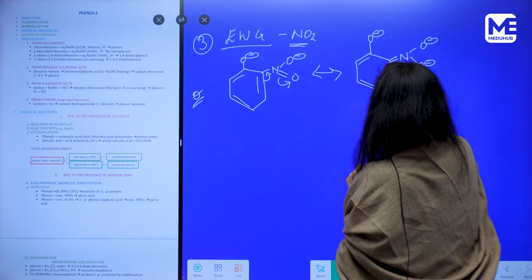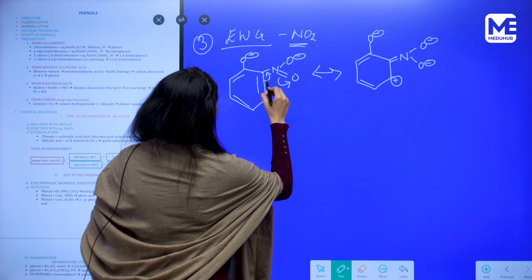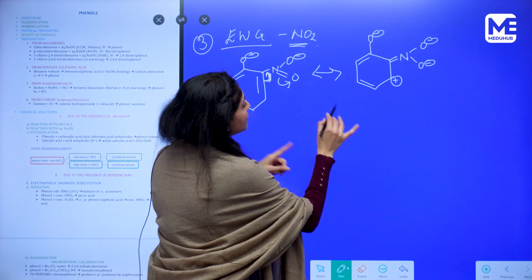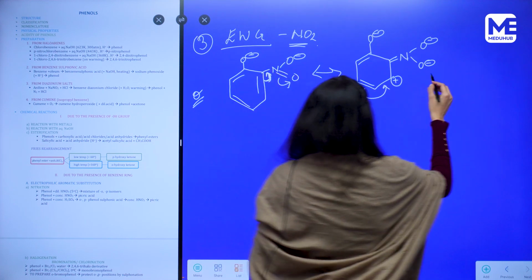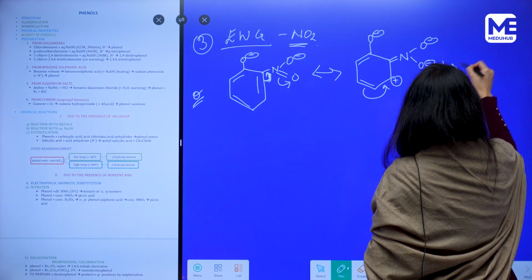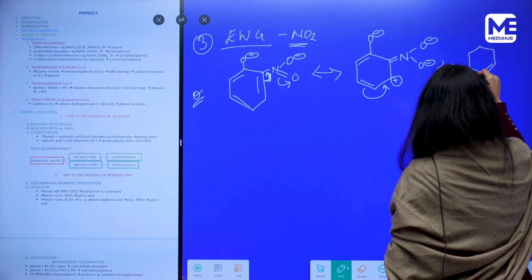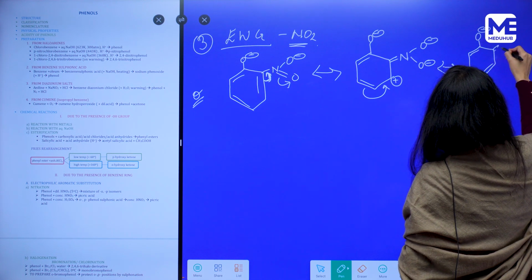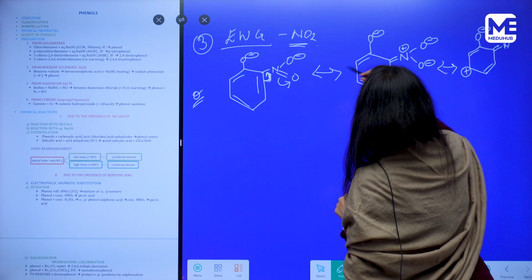Phenoxide ion here. Now, this will move here. We get a positive charge here. O minus. Nitrogen is getting a positive charge.